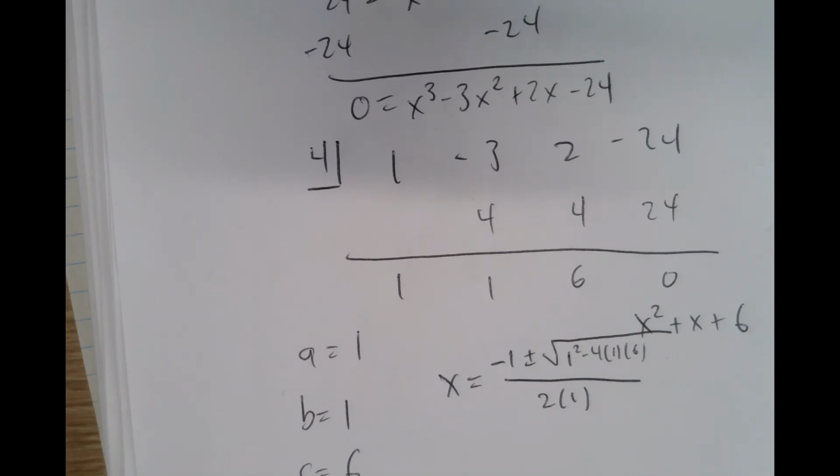Can someone tell me why are these other 2 solutions not useful to us? So without even solving the quadratic formula, I can already look at this and I know that this is not going to be 2 additional solutions. Why is that? So looking at our quadratic formula, is there anything you guys can see?